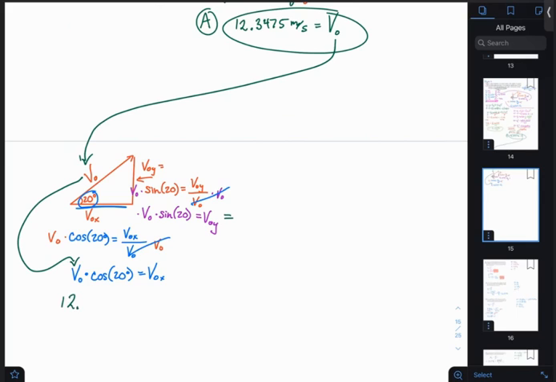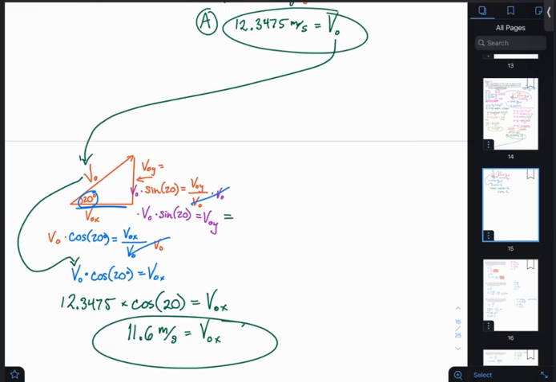So I'm going to have 12.3475 times cosine of 20. And that'll be equal to my starting velocity in the x direction. And I get 11.6028, and so on. So 11.6 is fine, and that's in meters per second. And so that's your part B. That's your starting velocity in the x direction.